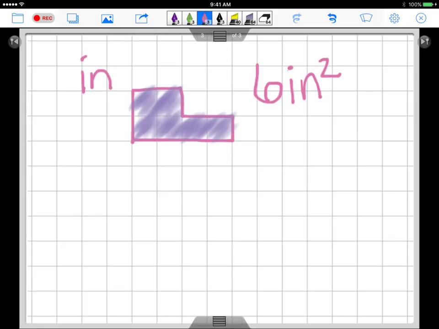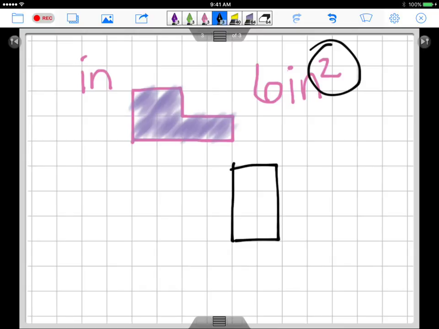Okay, the reason for that is because when we're talking about area, it has 2 dimensions. So that's where that 2 comes in. So if we have this here, let's act like it goes all the way and it's perfect. It has 2 dimensions, height and width.